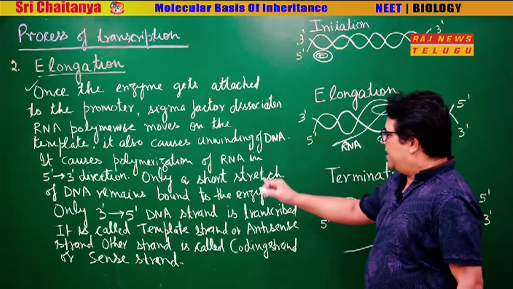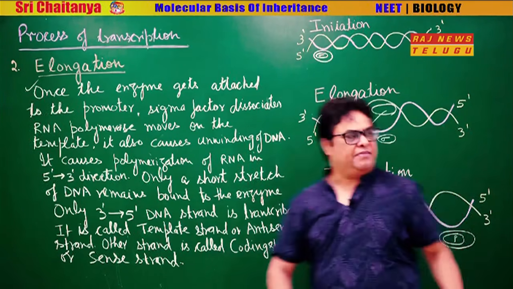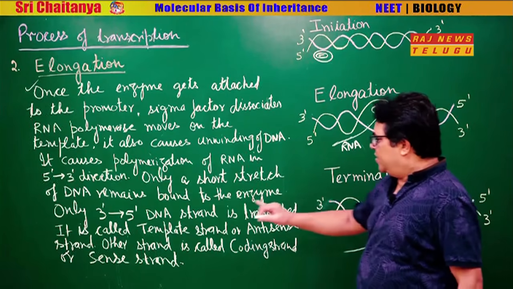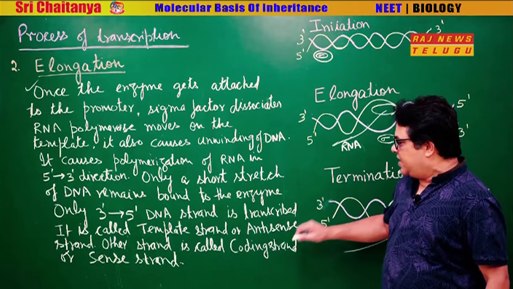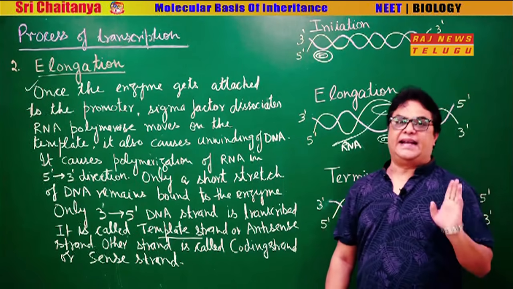Next, only a short stretch of DNA remains bound to the enzyme, that also we can see here. Only the 3' end to 5' end DNA strand is transcribed. It is called the template strand. It is also called the antisense strand.